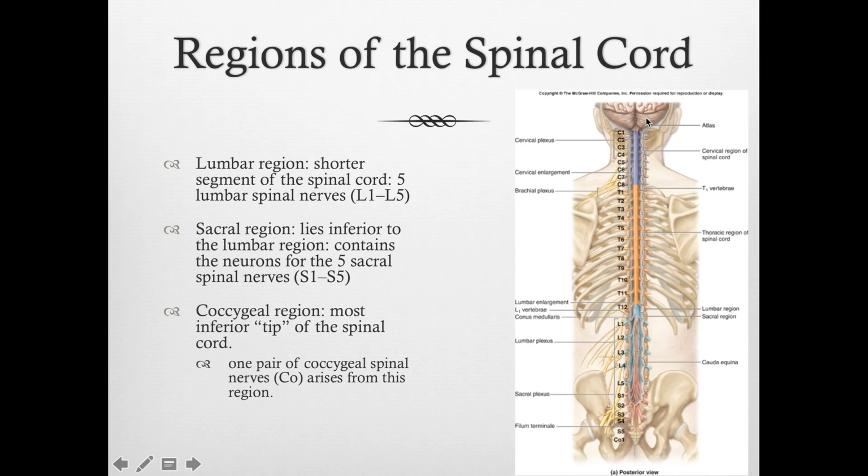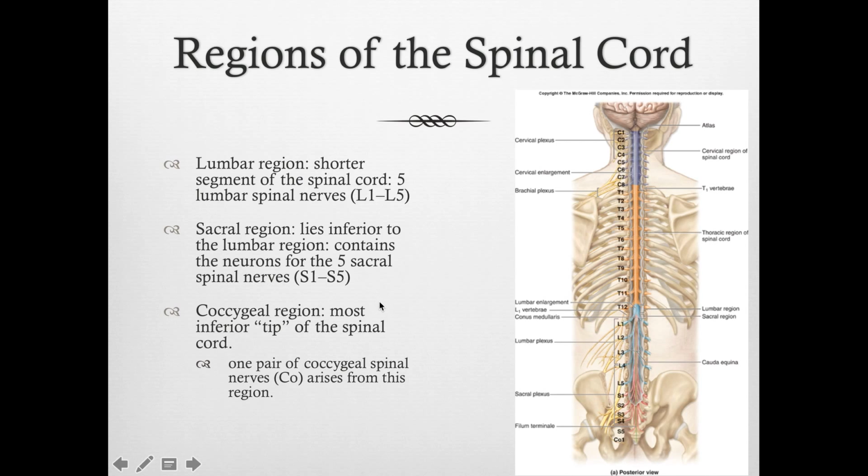So, and then again, we can see on this figure, C1 through C8, T1 through T12, and now we've already covered L1 through L5. And that leaves us with the sacral region. This is an additional 5 spinal nerves that we see down here highlighted in pink, S1 through S5.